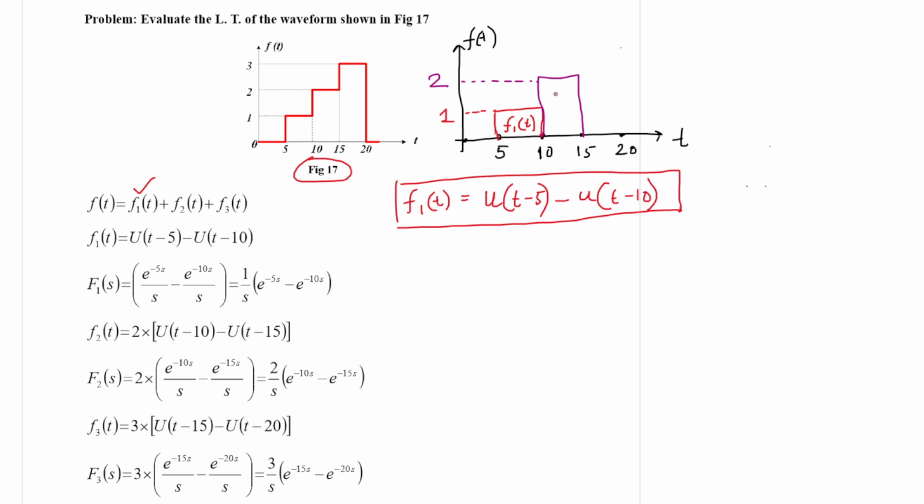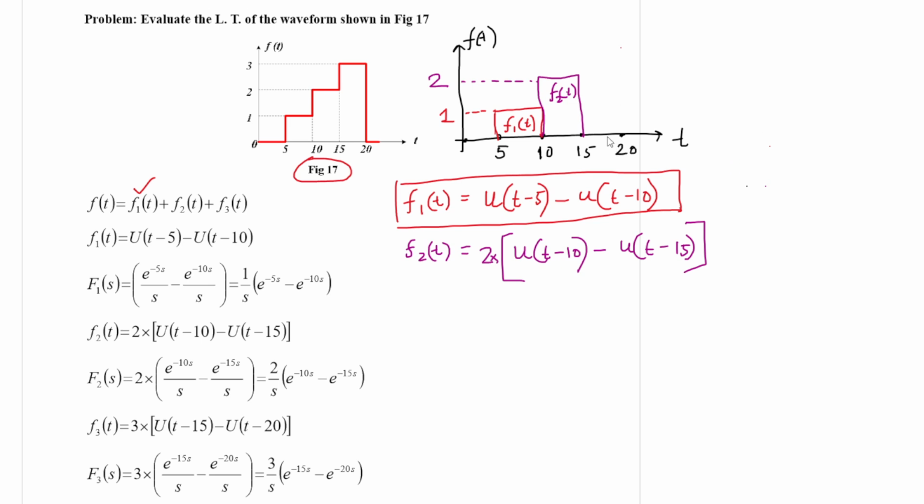So if we consider this as f2(t), then f2(t) should be written as u(t minus 10) minus u(t minus 15), but since we have a magnitude 2, we must multiply this with 2, right? It is again another gate function, but slightly higher magnitude. It is the double magnitude.